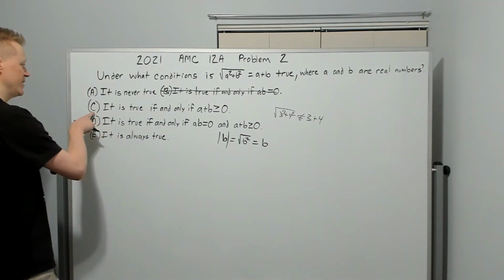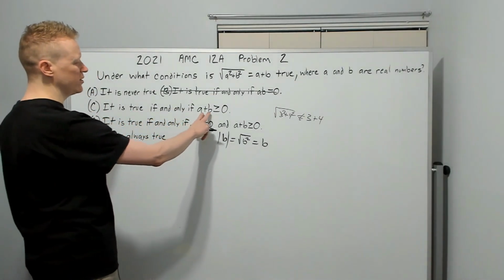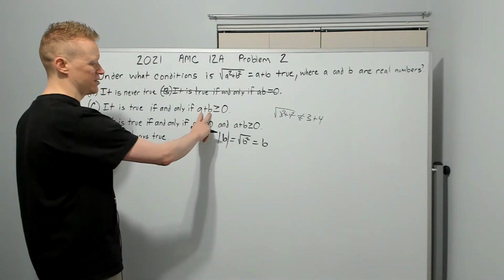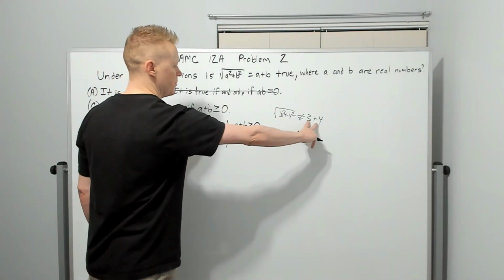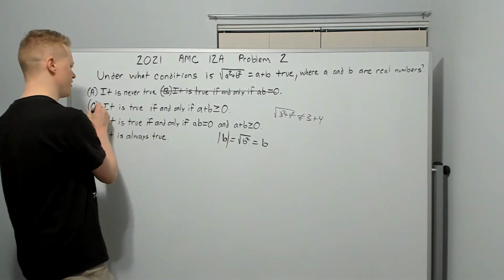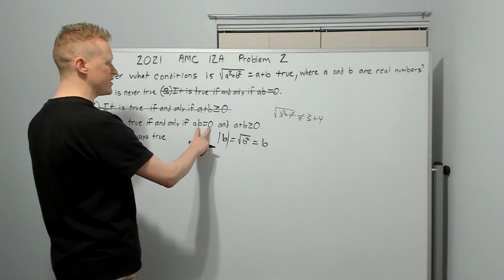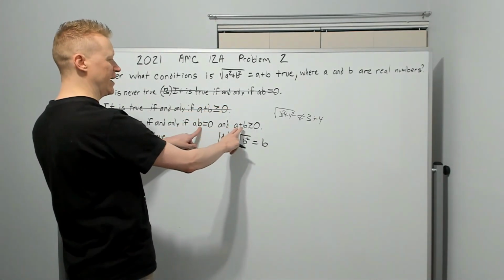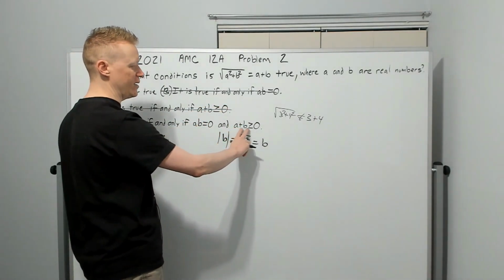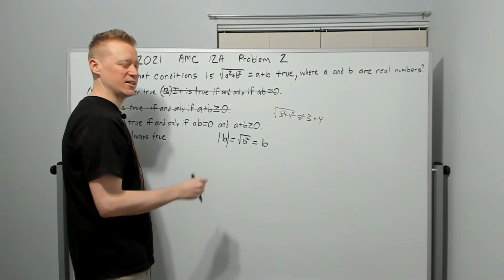C: it is true if and only if the sum of these is greater than 0. Well, here's a sum that's greater than 0, and it's not true for that one. D: it is true if and only if, we see this one again, but another qualifier, a plus b is greater than or equal to 0. Now think about this.